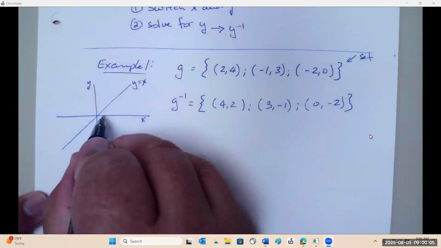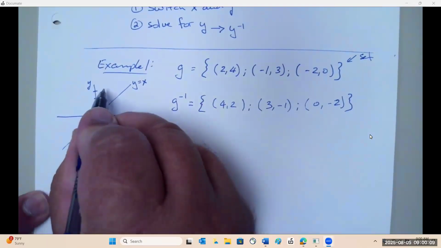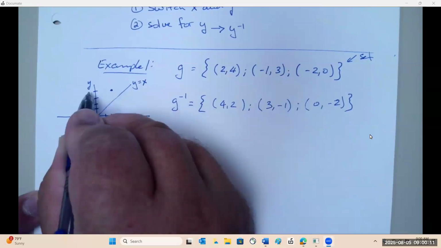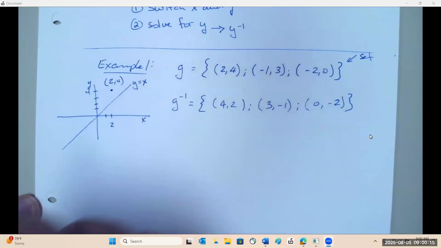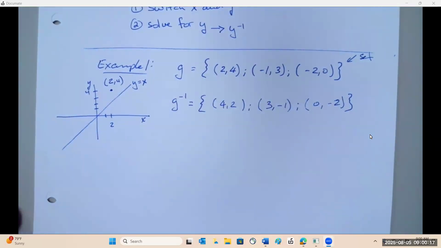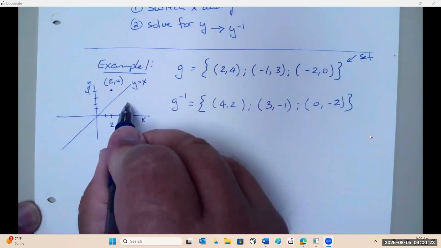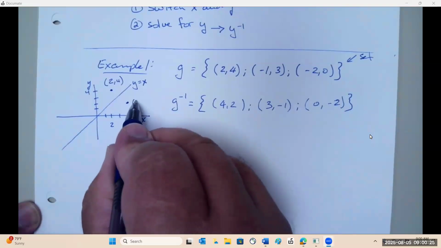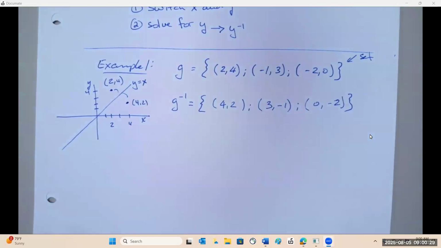If I had the point 2, 4, what's its inverse? It's at 4, 2. It's a reflection about the line y equals x.